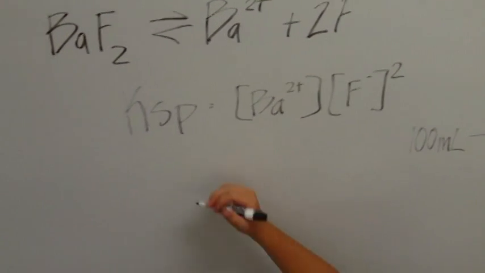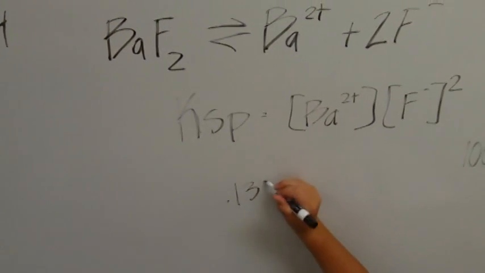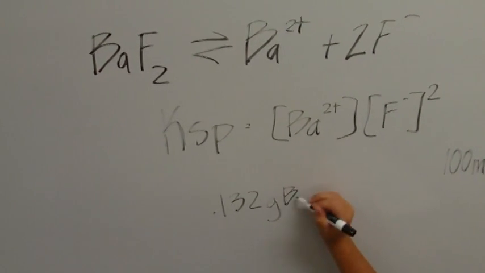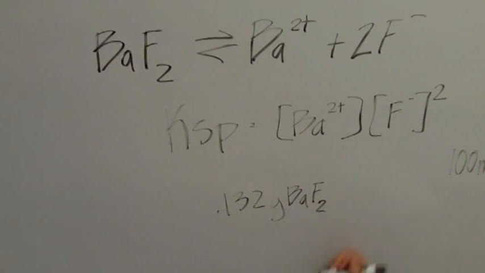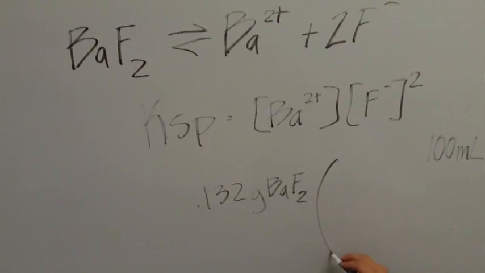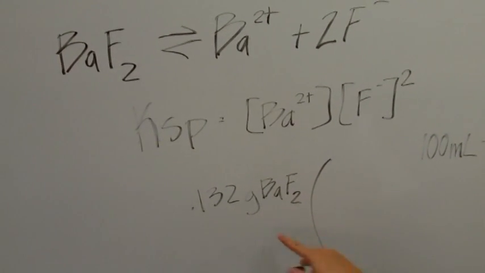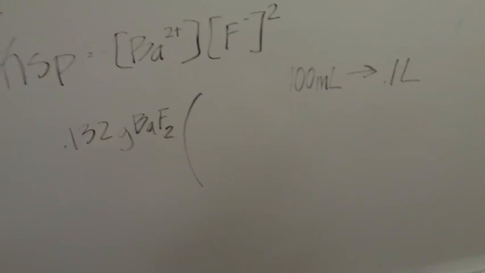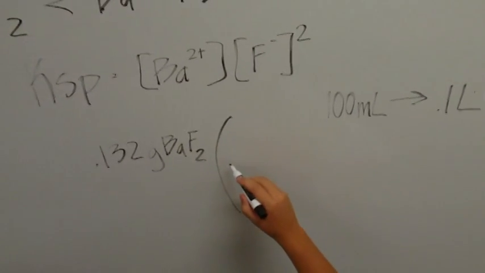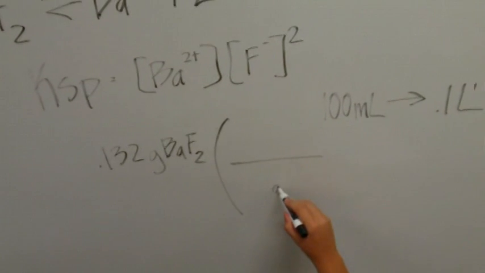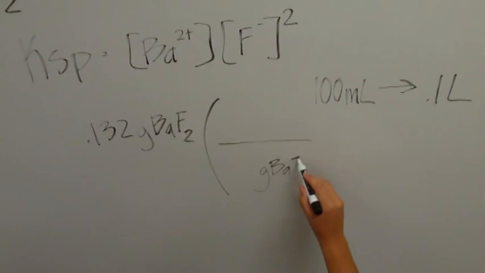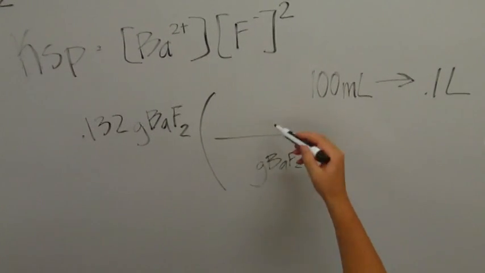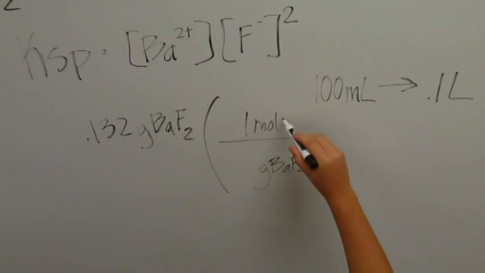And then also they told us that we had 0.132 grams recovered of BaF2. And so you're going to want to convert these grams into moles using the molar mass. So what you would have is the molar mass of BaF2 over 1 mole of BaF2.